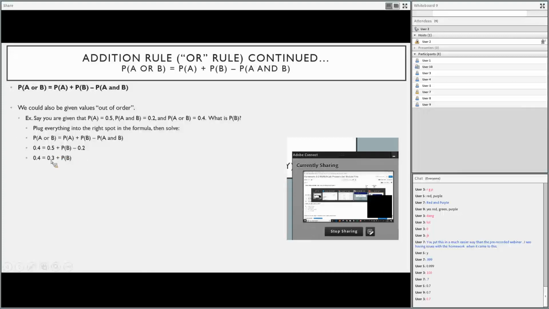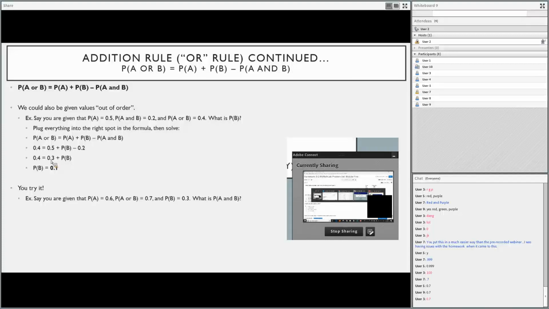And if we back into this, I can combine on the right-hand side: 0.5 minus 0.2 gives me 0.3, and then I can just subtract the 0.3 from both sides and get that the probability of B is 0.1. Okay, so again, you're just going to plug the numbers into their right spot and then back into whatever missing piece there is from the formula. So you give it a try.